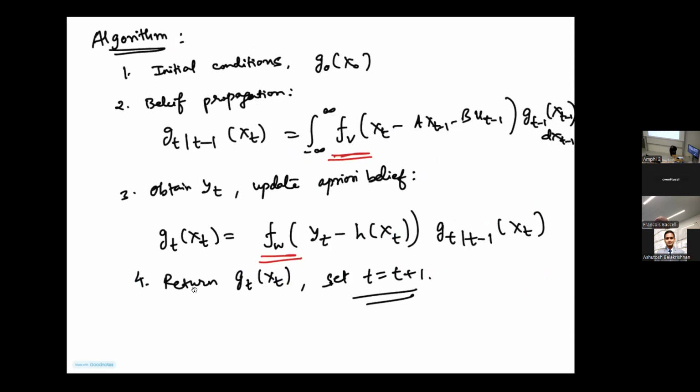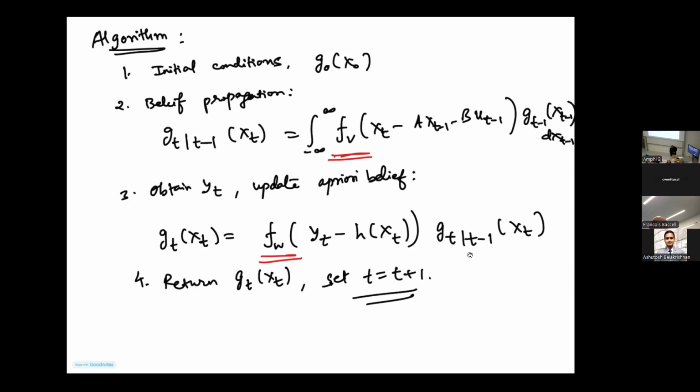Now the next step, once we have obtained the belief propagation, is that we obtain yt, which is the new measurement, and now we want to update the a priori belief. So g of t of xt is f of w, which is the PDF of the measurement noise, the second noise which we have, at yt minus h of xt, times the a priori belief.